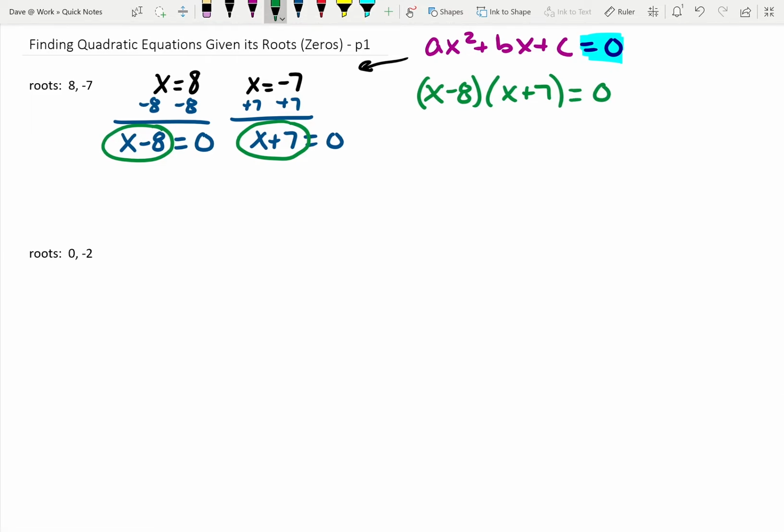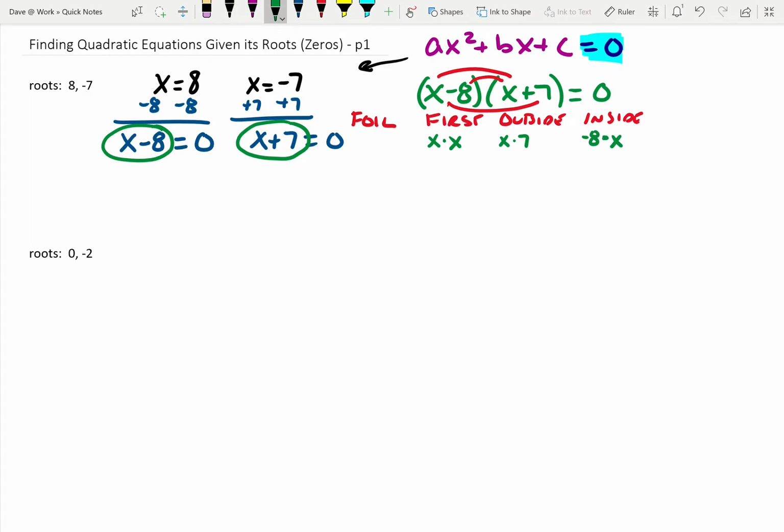So if I now FOIL my terms, I need to multiply the first terms together, which in this case is x times x. Then I find the outside terms, which is x times 7. Then I take the inside terms, which is -8 times x.